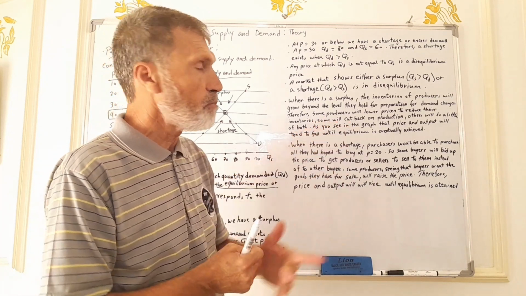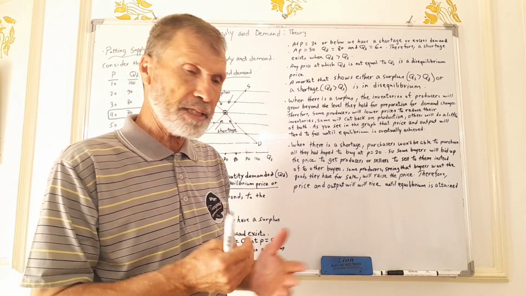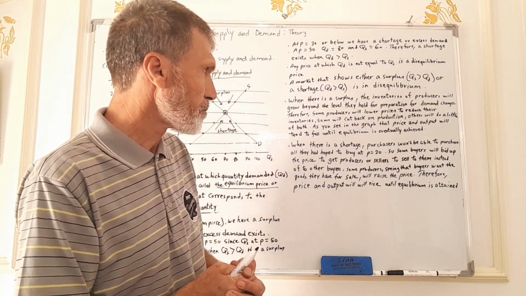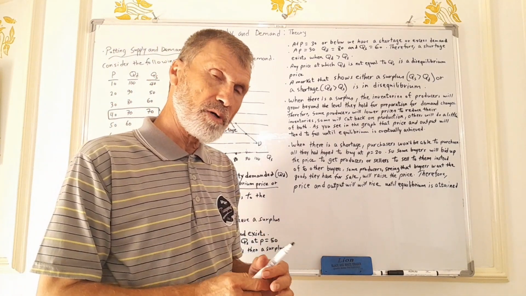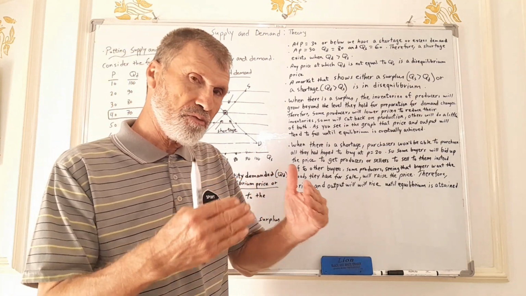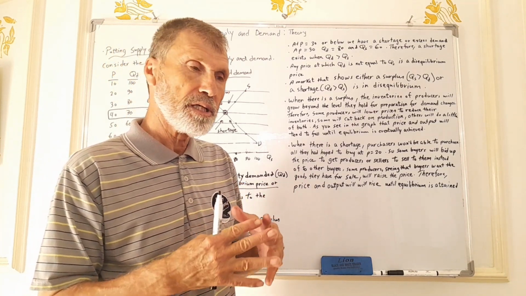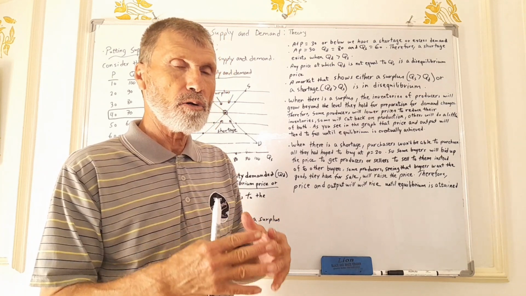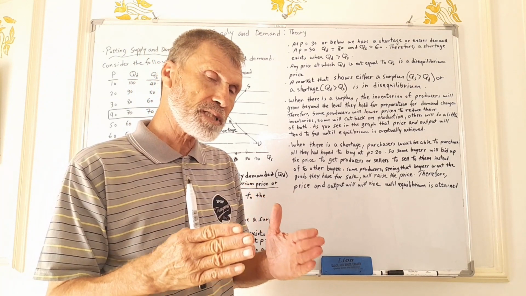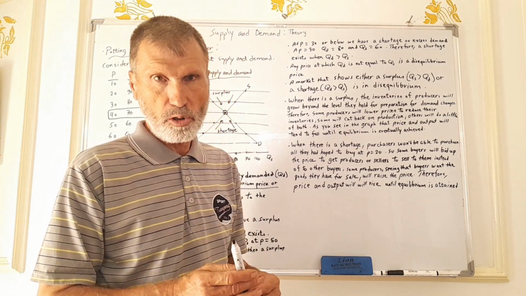Some others will cut back on production. And others will do a little of both, reducing the price and reducing their output. Eventually, as price and output fall, equilibrium will be achieved.